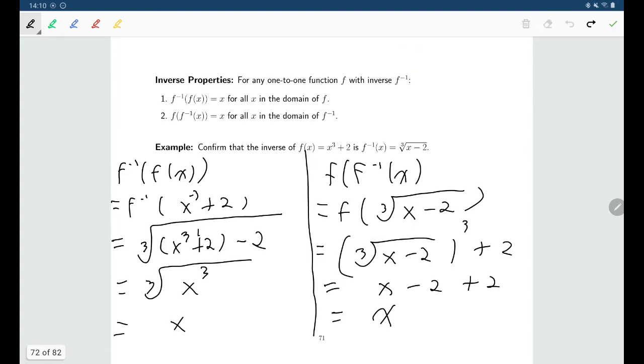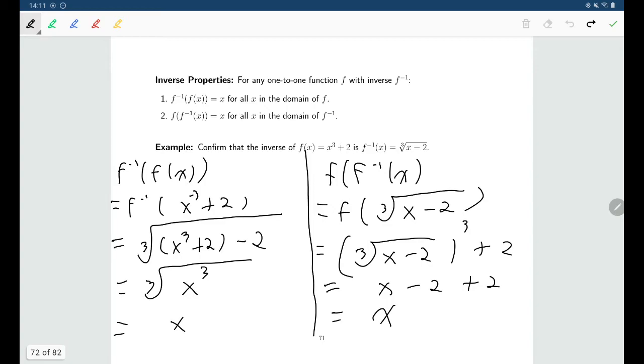Why the plus 2 and the minus 2 canceled each other out, and then the cubing and cube rooting canceled each other out. Or for the other one, the cubing and cube rooting canceling each other out, then the subtracting 2 and adding 2 canceling each other out. This is not a big surprise.